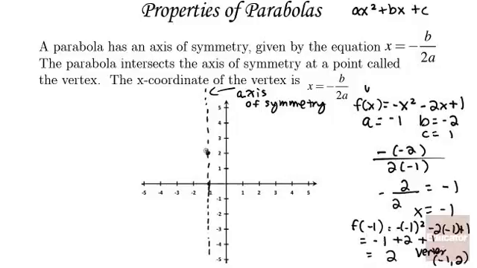Now, to further graph this, let's go ahead and find some points. It's best to pick some points around the vertex, because if I pick points way out here, my graph's not going to be as accurate. I want to get a general shape of the curve in the area of the vertex. So my vertex is right here.